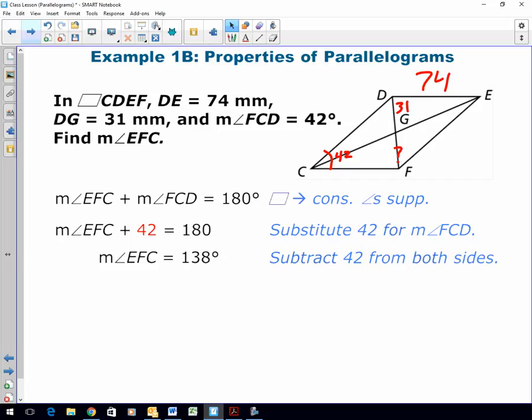That's all they did here. That's how angle F ends up being 138 degrees. Consecutive angles are supplementary.